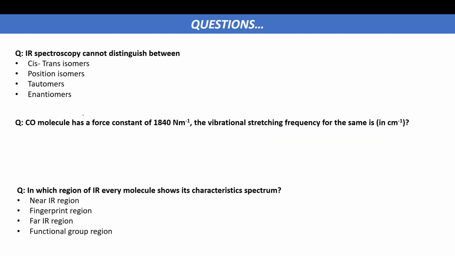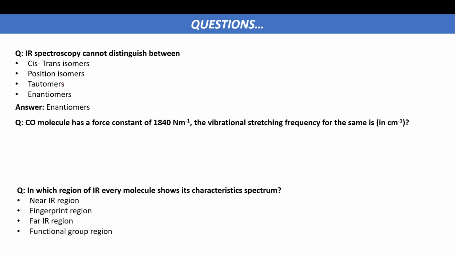IR spectroscopy cannot distinguish between cis trans isomers, position isomers, tautomers, or enantiomers. So it will be enantiomers.